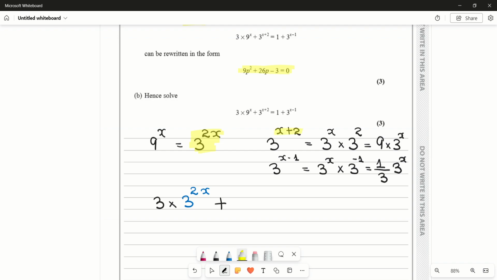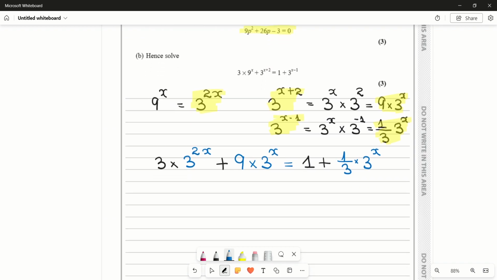I have managed to rewrite this into this form, so I'm using that, and I'm using 9 multiplied by 3 to the power of x equal to 1 plus, now 3 to the power of x minus 1, I managed to rewrite it in this form, so therefore becomes 1 over 3 multiplied by 3 to the power of x.